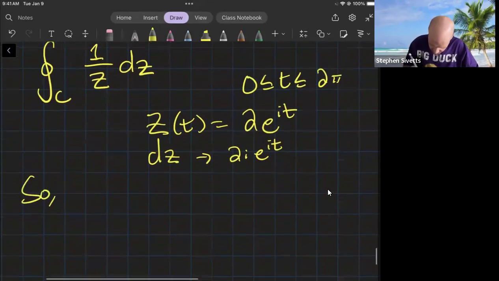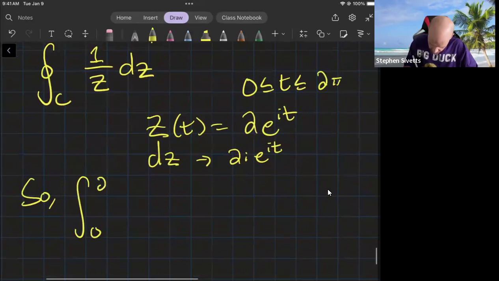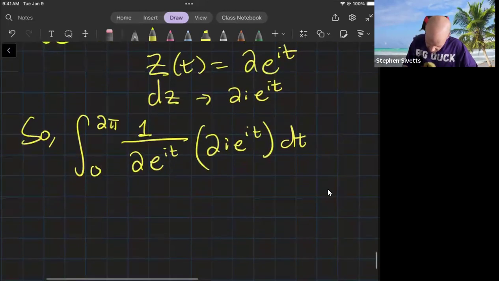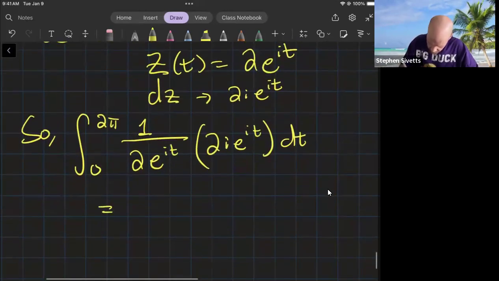So in terms of t, this equals the integral from 0 to 2 pi of 1 divided by 2 times e to the it times 2i e to the it dt. The e to the it's will cancel, and also the 2's.